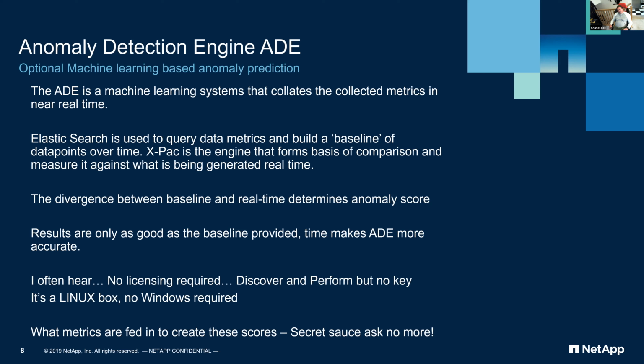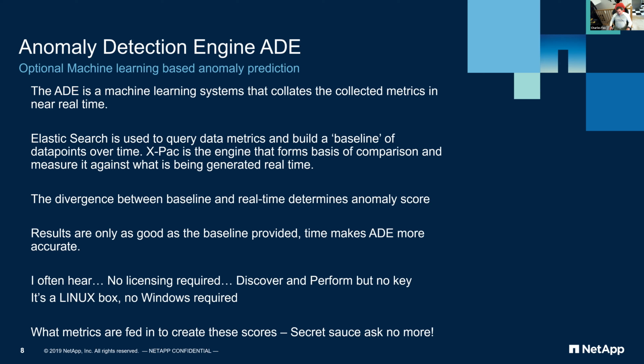What are the metrics that get fed into this to create the scores? I get asked this all the time, and I have made an effort to hunt through NetApp documentation and the like, and there isn't any published set of which statistics, and how they're weighted, go into creating the self-adjusting scores.